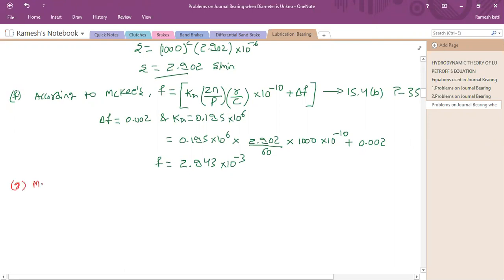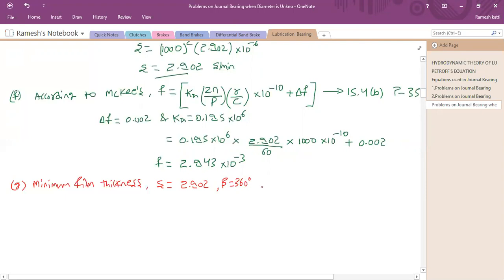We know the Summerfield number. Already it is calculated as 2.902, and it is a full journal bearing, which means beta is 360 degree.